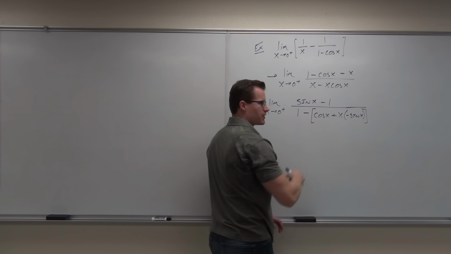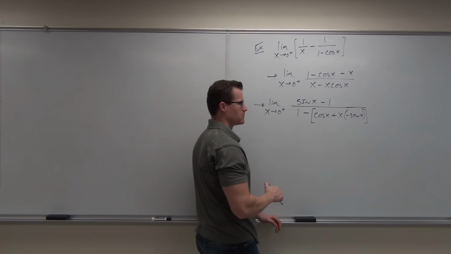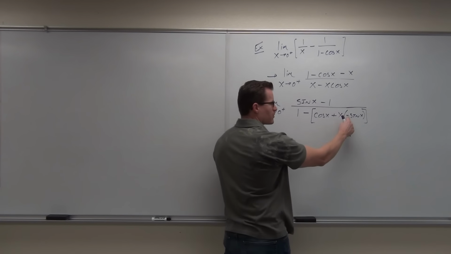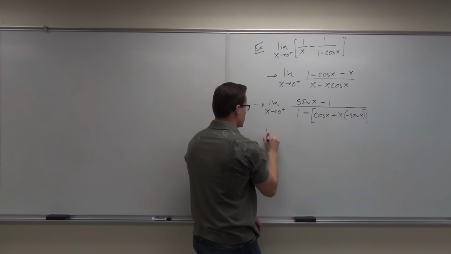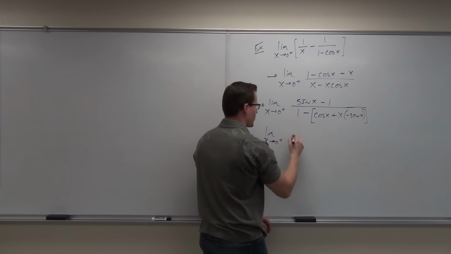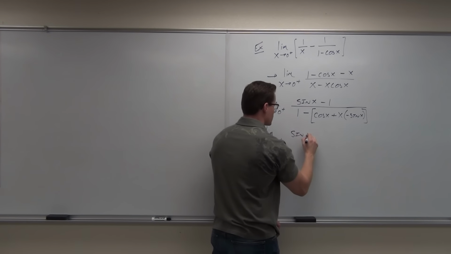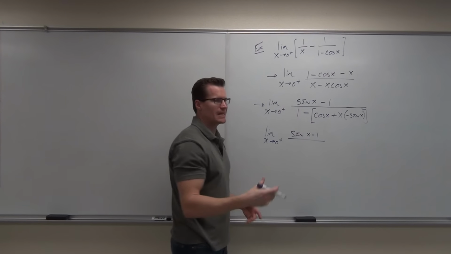What are you going to do with this stuff? Distribute the negative, probably. I would probably move this here, then distribute the negative. So we'd have the limit as x approaches 0 from the right of sine x minus 1. Notice, we're not doing any calculus right now.